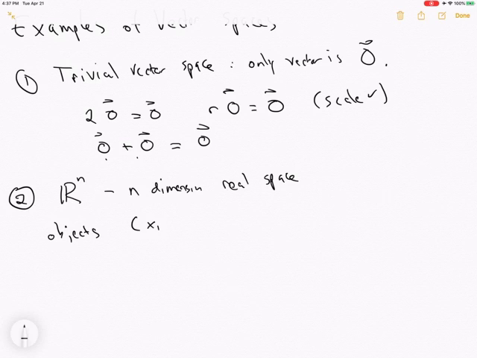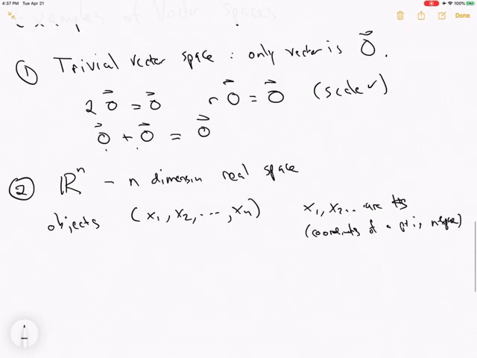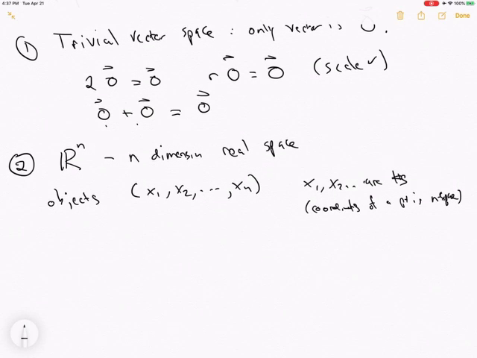So you have an x1, an x2, up to an xn, where all of these x1, x2 are themselves numbers, and they describe the coordinates of a point in n-space. This should be familiar. So these are the objects, or the vectors.